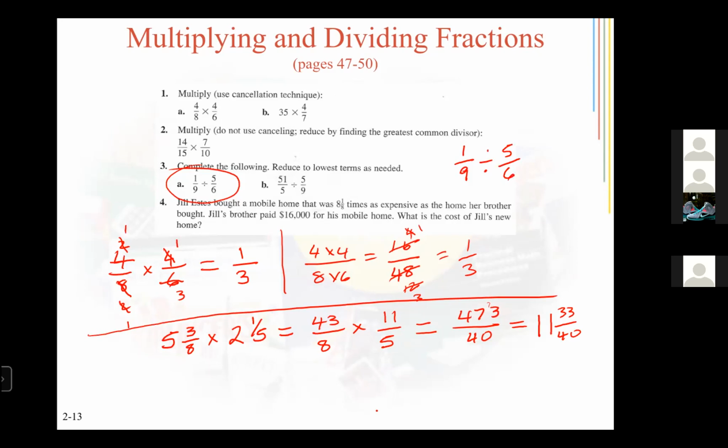When you divide that, you're going to write it over as 1/9 times 6/5. Now, can you do any canceling there? Yes, you can. 3 can go into 9 and 6. That's 3 and that's 2.